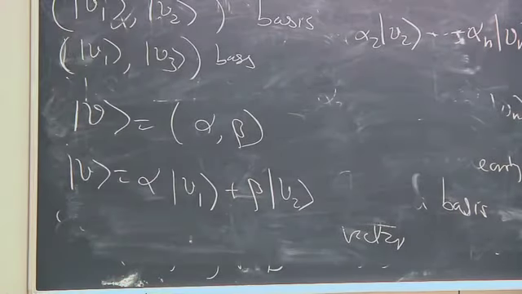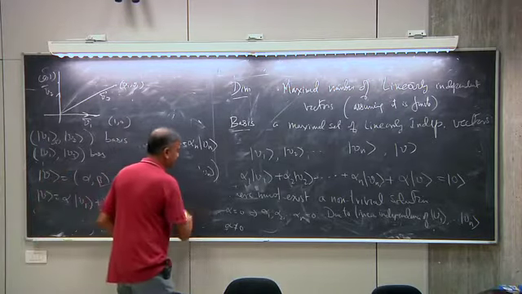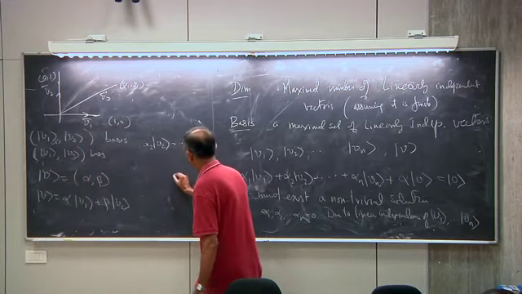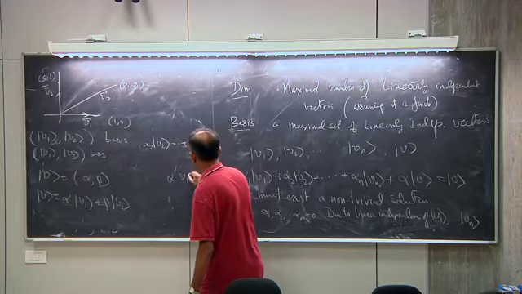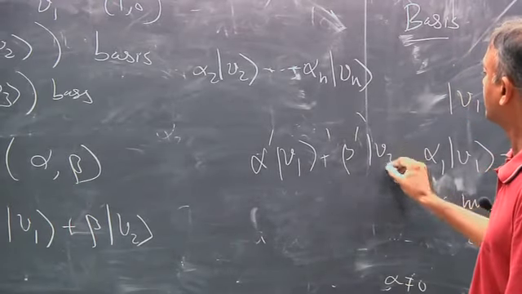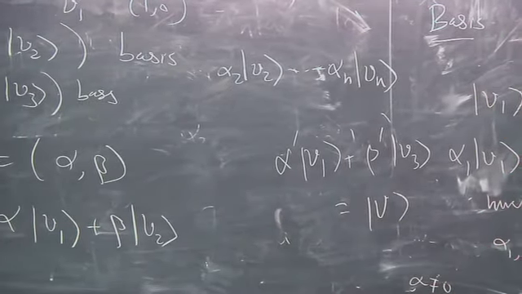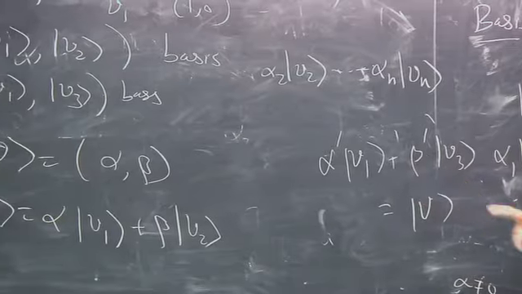That's clear, because v1 and v2 are that. But what if I choose v1 and v3 as my basis? In that case, I want to solve the equation alpha prime v1 plus beta prime v3 equal to v, to find what alpha prime and beta prime are.